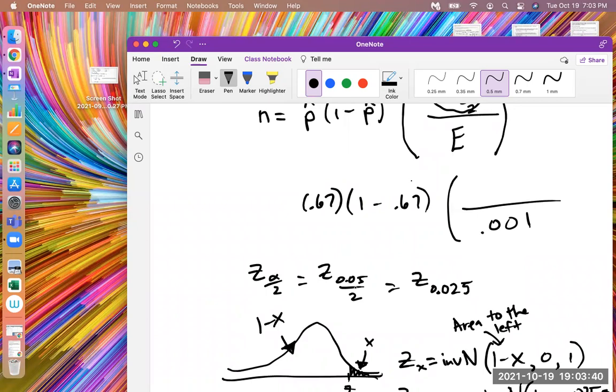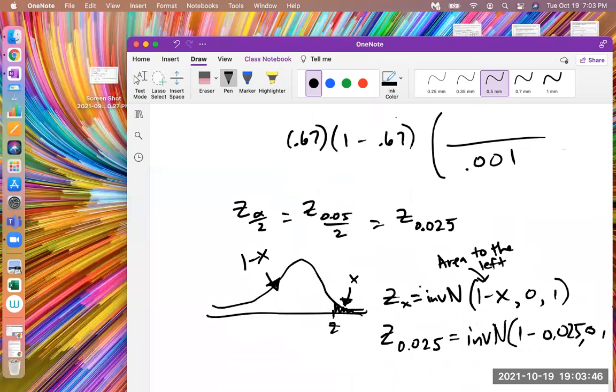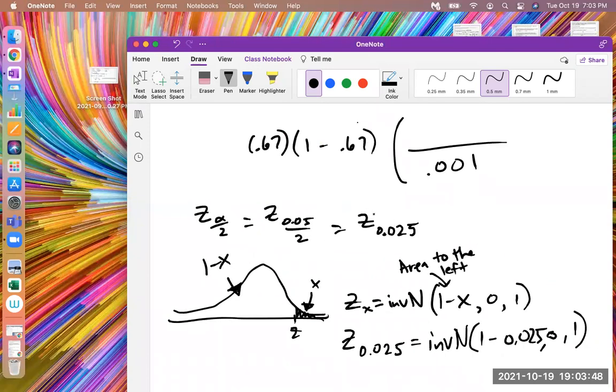So I plugged in 5% as a decimal into Z alpha over 2, and that gave me 0.025. This notation means find the value, the Z-score along the horizontal axis, such that there's 0.025 area under the curve to the right of that.